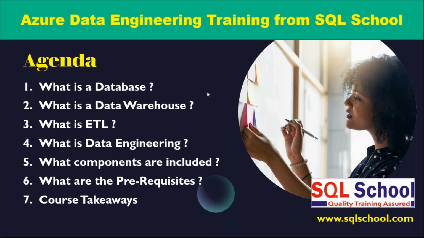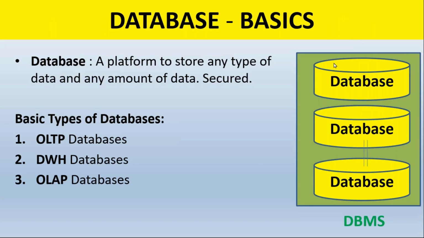But what is a database? Item 1, let's start with that. Database: a platform to store any type of data, any amount of data, no exceptions. And there are 3 basic types of databases: OLTP database, data warehouse database, and OLAP database.